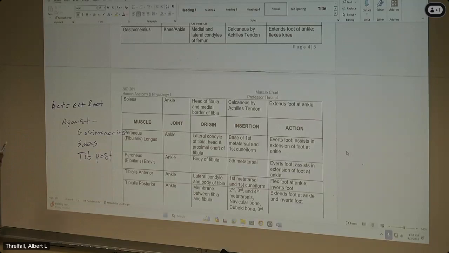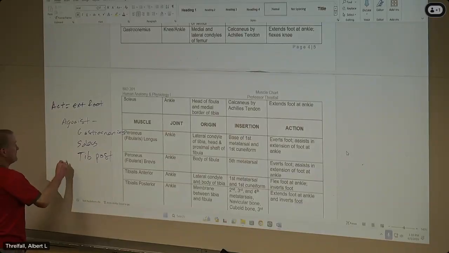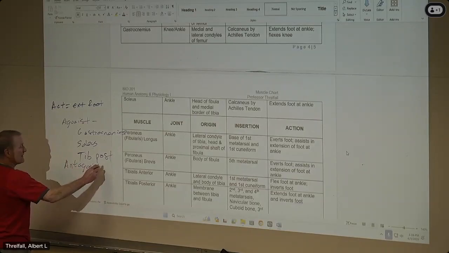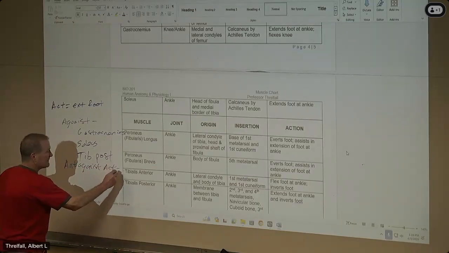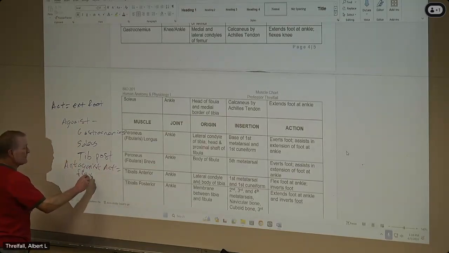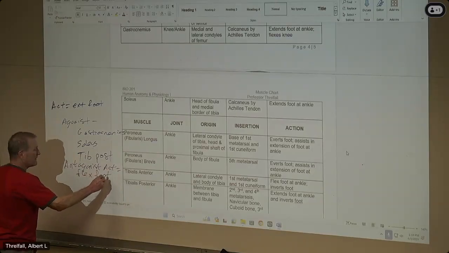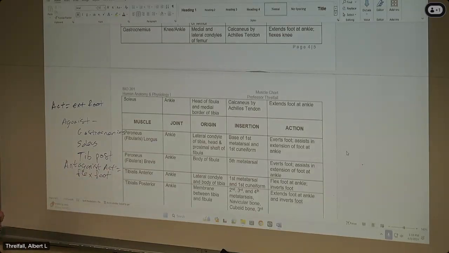So if the action is to extend the foot at the ankle, what would the antagonist action be? Flex the foot. Okay, so antagonist action, flex the foot. And again, it's implied at the ankle.